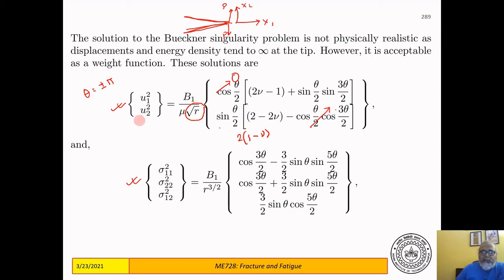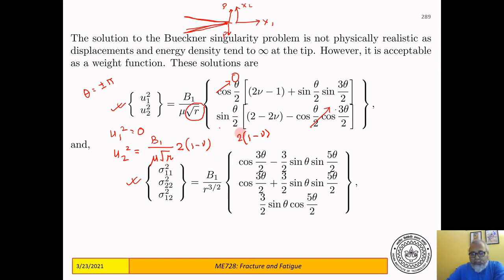So for theta equal to pi, we have u12 is equal to 0 and u22 is equal to b1 by mu root r into 2 into 1 minus nu.